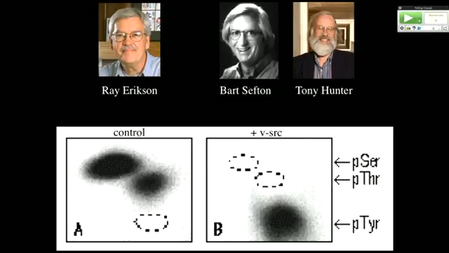Maybe what's misleading about this is it doesn't mean that we've lost serine and threonine. It's just that at similar exposures, serine and threonine become minor relative to tyrosine. They're still there in the same amounts as before, but to get an exposure which looks reasonable, it's almost all phosphotyrosine relative to serine and threonine.